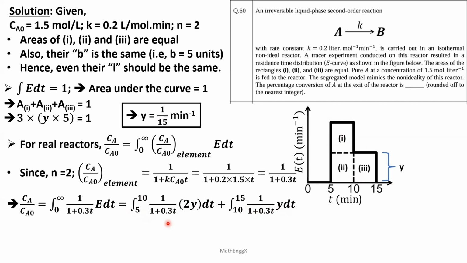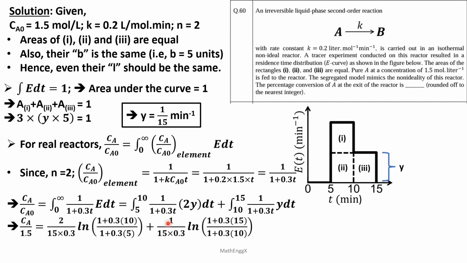Substituting the value of y and integrating this expression, we get Ca by 1.5, which is the given concentration of A at the inlet, equal to 2 by 15 into 0.3 ln of 1 plus 0.3 into 10 divided by 1 plus 0.3 into 5, which is the simplified form of the first integral, plus 1 by 15 into 0.3 ln of 1 plus 0.3 into 15 divided by 1 plus 0.3 into 10.